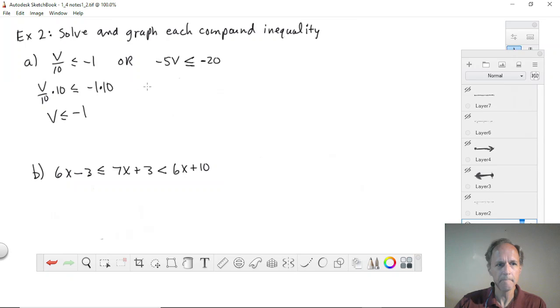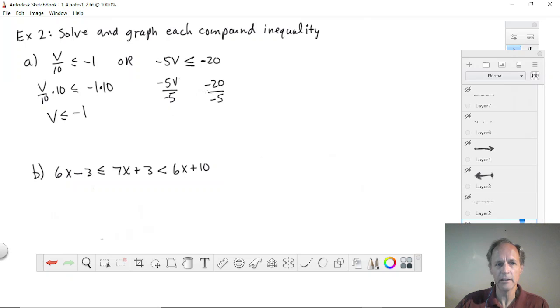And then we do the same thing with the one on the right. We're going to divide both sides by -5, right? I'll wait to write the symbol. I didn't do it on the other side. I should have. It was a positive number, though, that we multiplied by, right? So we do not change the direction of the sign. So divide both sides by -5.